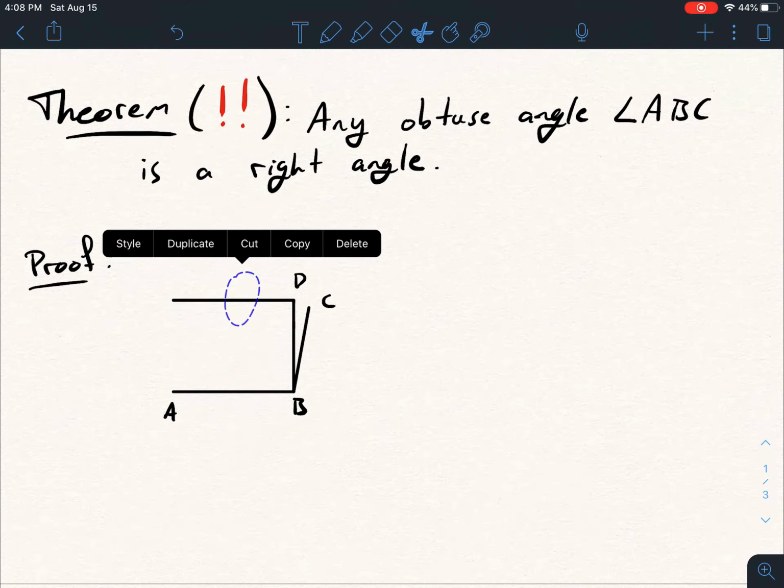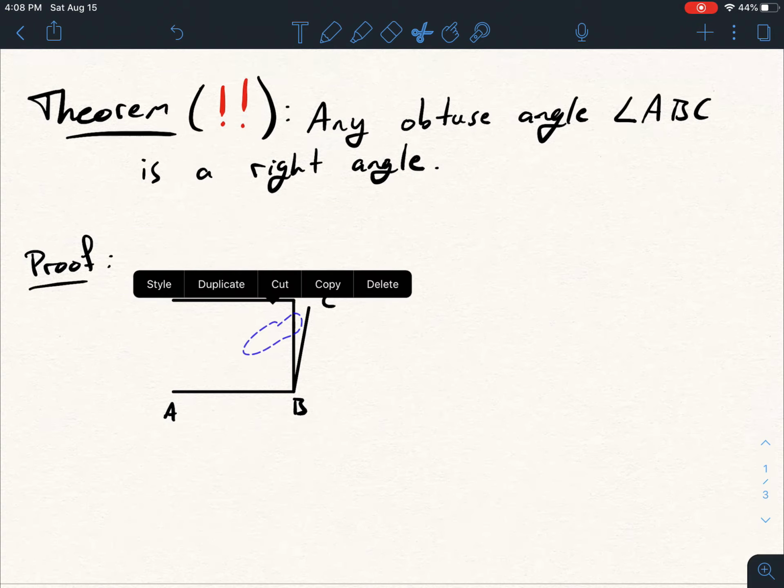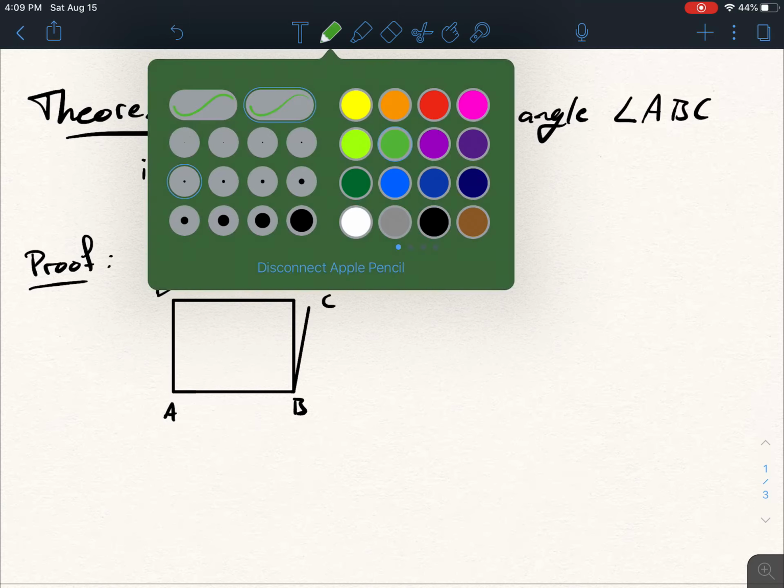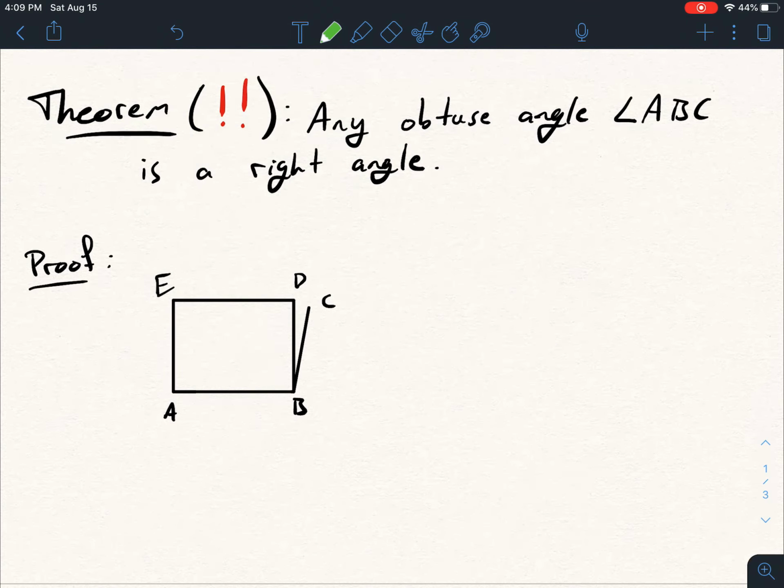All right, and now I'm going to complete a rectangle here. I'm going to duplicate these edges and make a rectangle, and then call this point over here E. I made this rectangle to have its two side lengths equal to each other and also equal to the length of the line segment from B to C. So that's one thing that we will start off knowing, that AE is equal to BD is equal to BC.